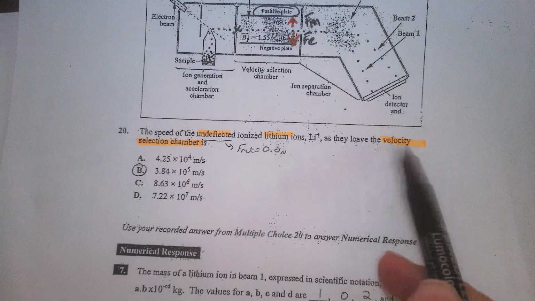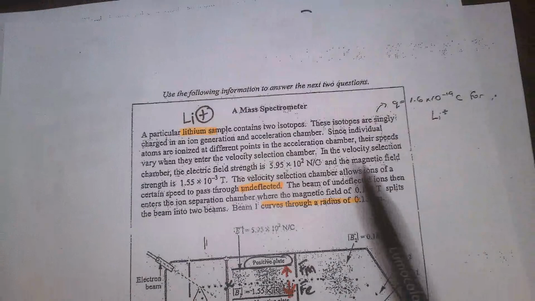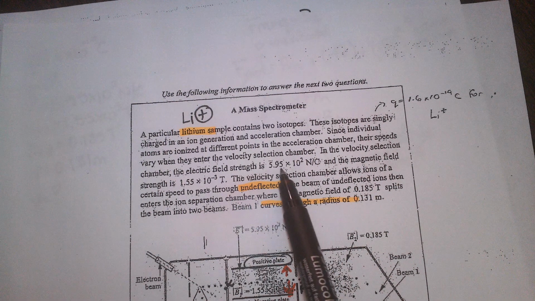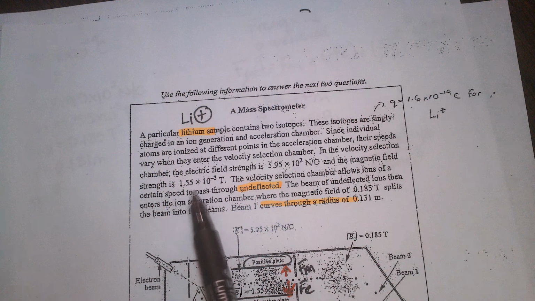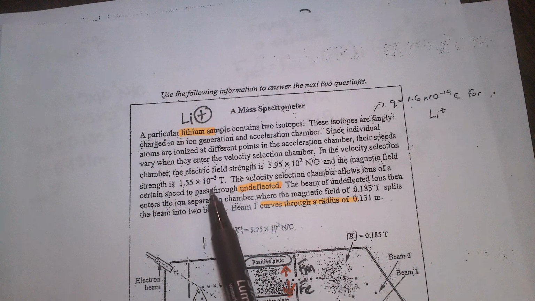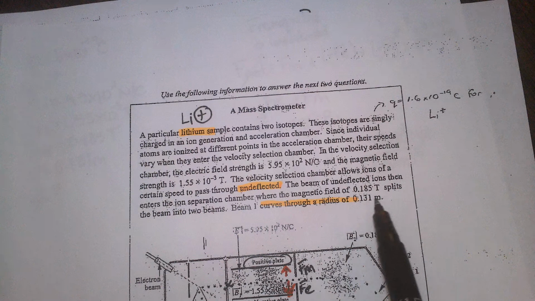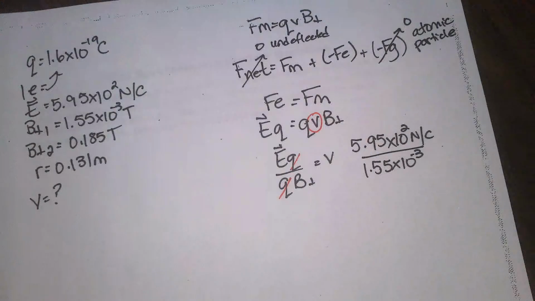Because the question itself is asking us, as they leave the velocity selection chamber, and up in the question it says, in the velocity selection chamber, the electric field strength is 5.95 times 10 to the 2, and the magnetic field strength is 1.55 times 10 to the negative 3. That's why I know to use that one instead of the 0.185 that's in the ion separation chamber. Okay? Location, location, location.